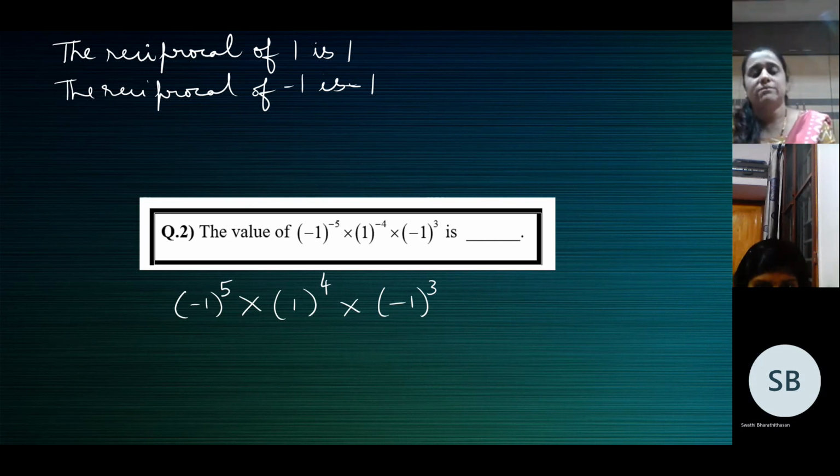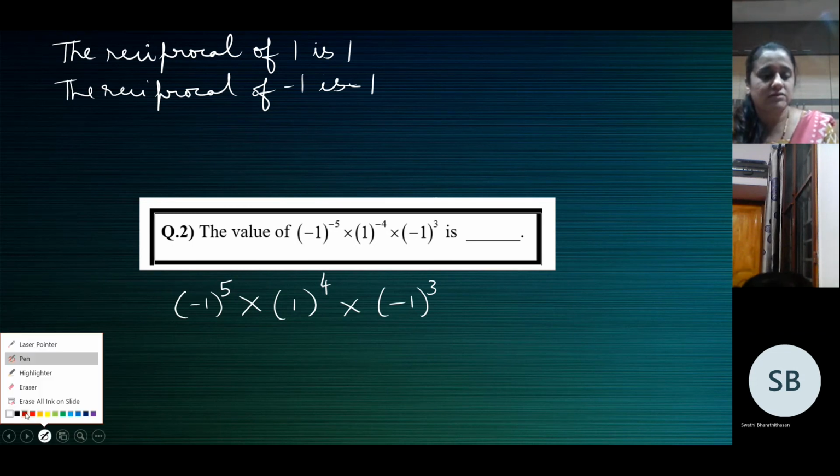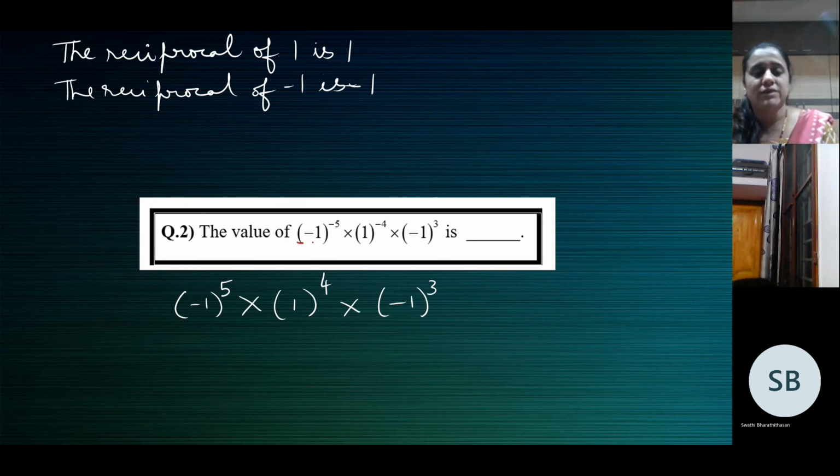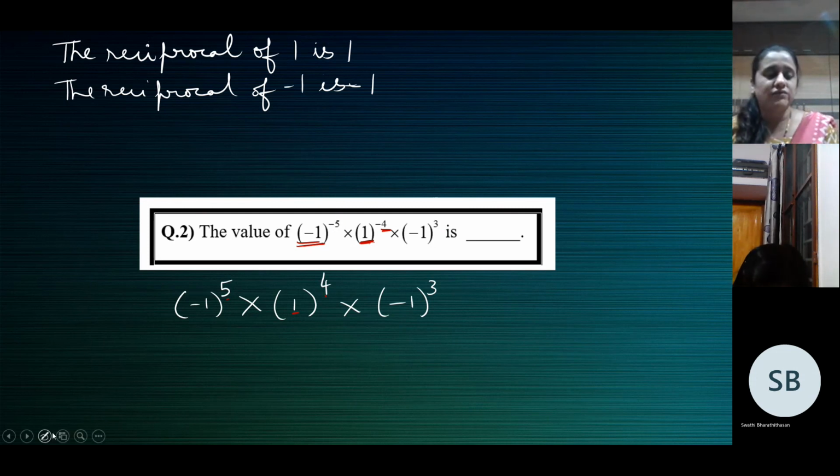Yes, ma'am. The power is negative, so we made it positive. Reciprocal of the base, -1 is -1. Negative of the power, 5. Reciprocal of the base, 1. Negative of the power, 4. Here the power is already positive, so we write it as it is. This can be the first step.